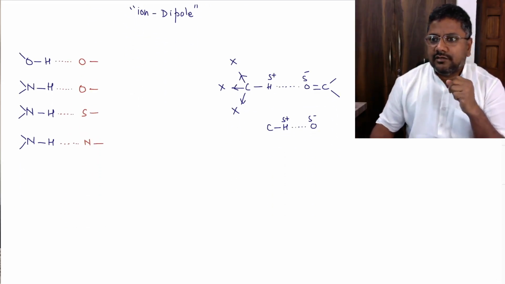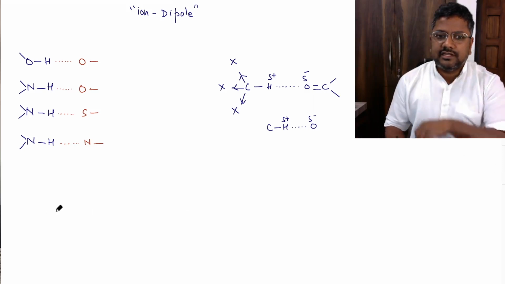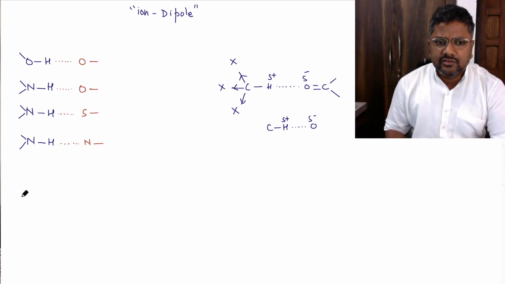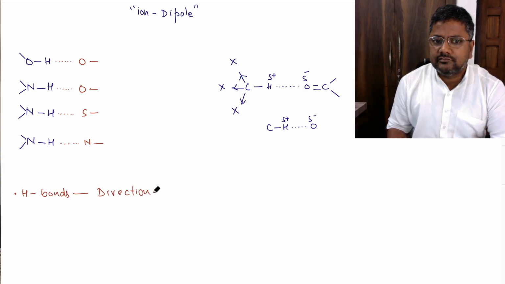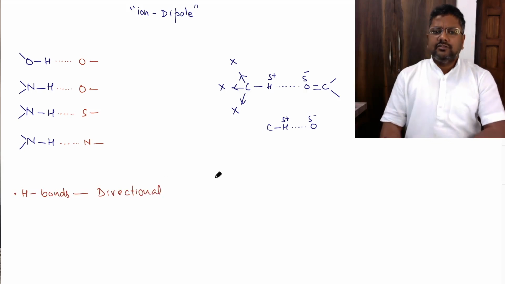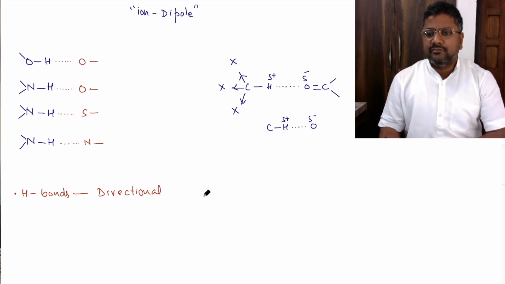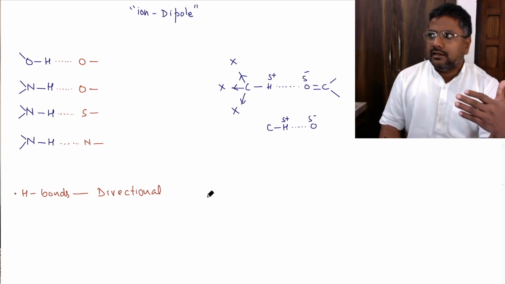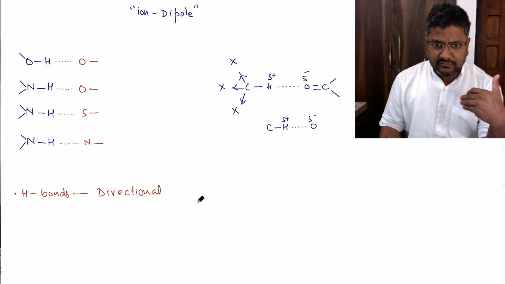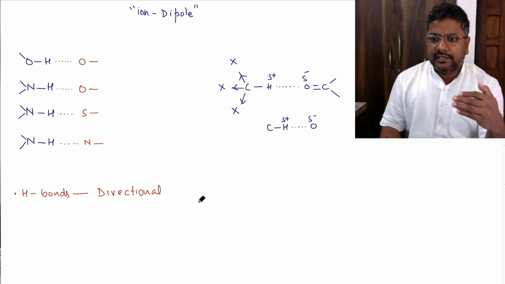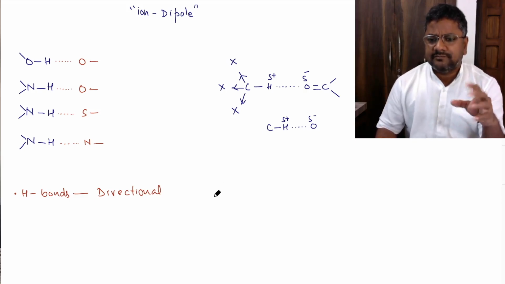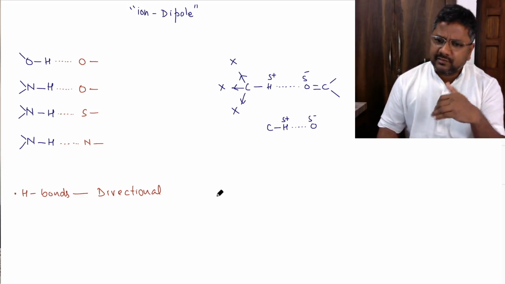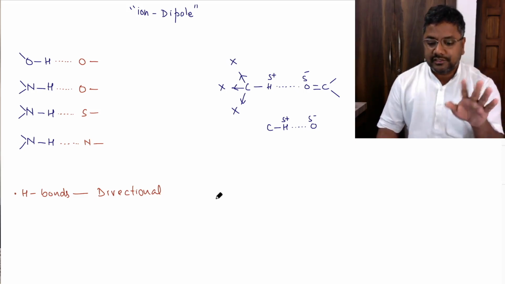One more point I would like to discuss here is the directional nature of hydrogen bonds. Hydrogen bonds are directional. But this directional feature is more important when the oxygen atom or any electronegative atom is sp2 hybridized. In case of sp there is no problem. In case of sp3 also, directional nature is not much important, right?